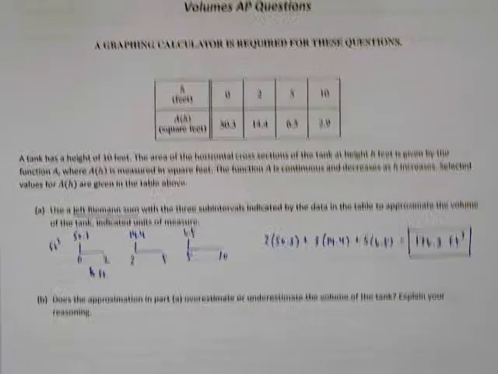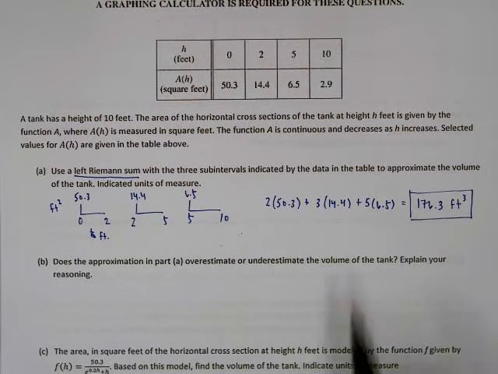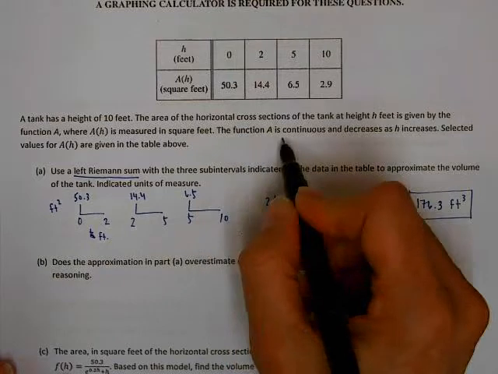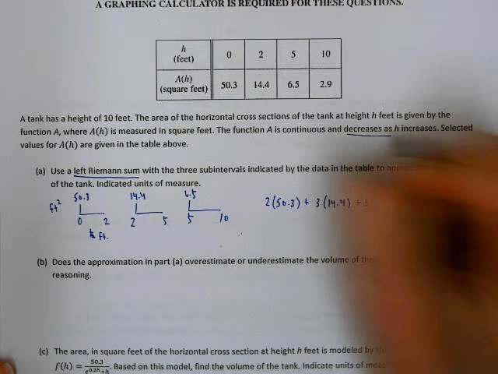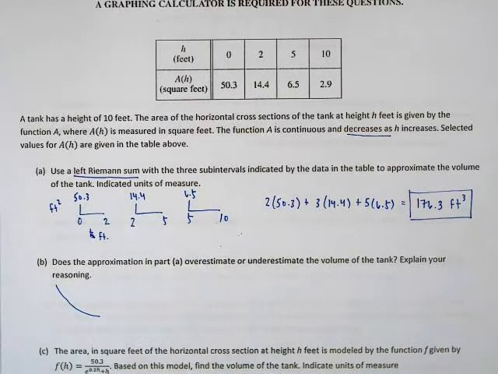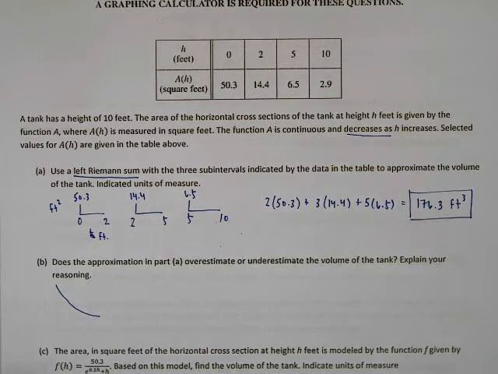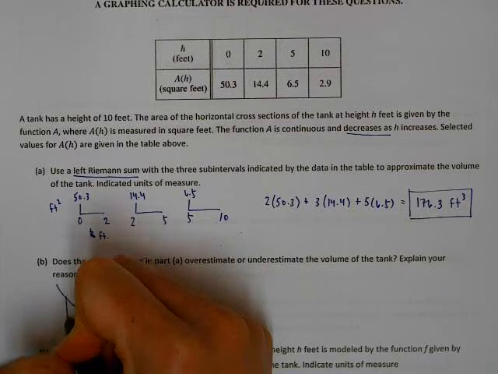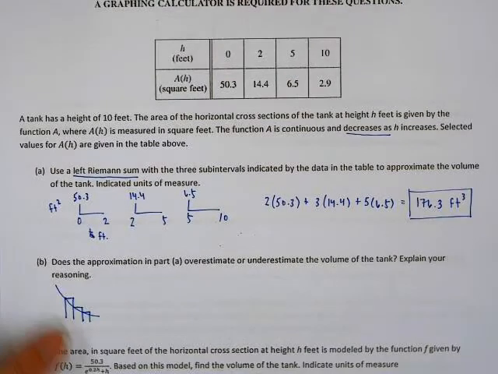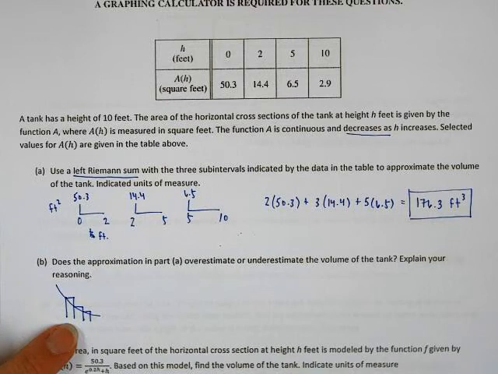So now part B asks if that approximation from part A is an over or underestimate of the volume. So here's what we need to consider. They're telling us that the function A is continuous and it decreases. So we know that function is doing something like this. It's decreasing. Now if I do a left approximation, you can see that those rectangles overestimate the area.